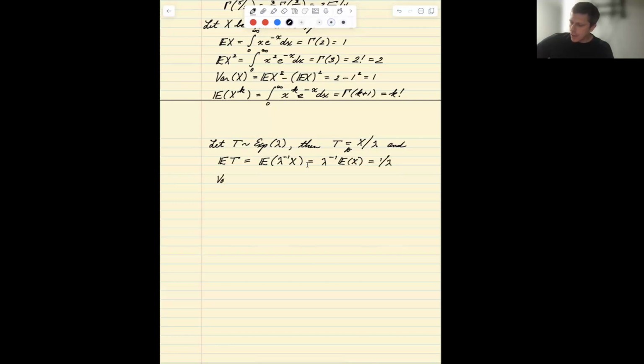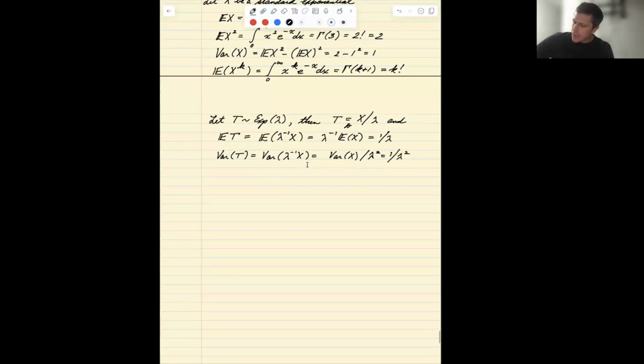The variance of t, which we've calculated before, is the variance of x over lambda, which is the variance of x over lambda squared. And we know the variance of x is 1, so it's 1 over lambda squared.